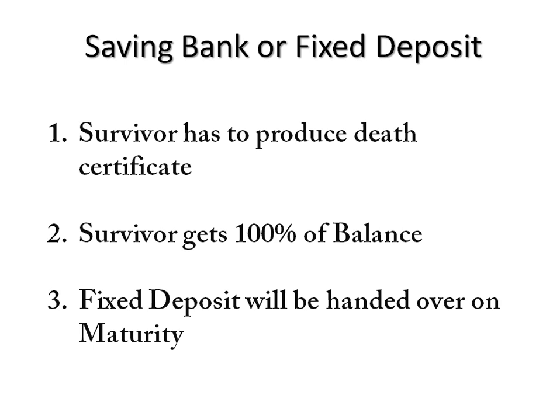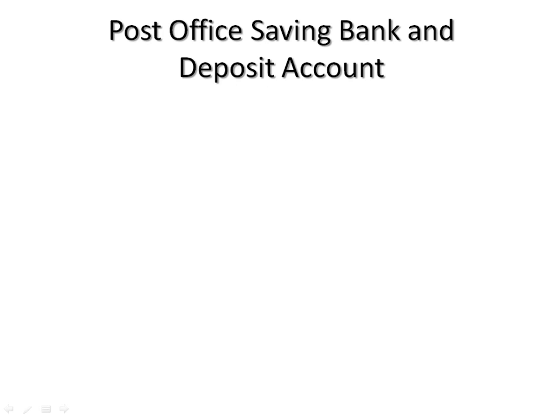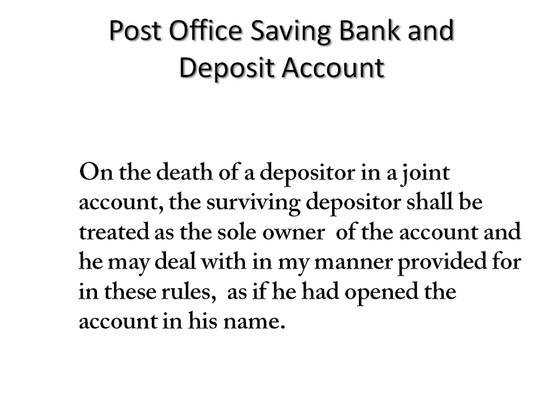The joint holder cannot break it in between in case of death of the primary person. In case of post office saving bank and post office deposits, on the death of the depositor, the other person who is the joint holder should be able to get control of the saving bank account or the fixed deposit, just as if he had opened it in his name. So it's very much the same in bank and post office.